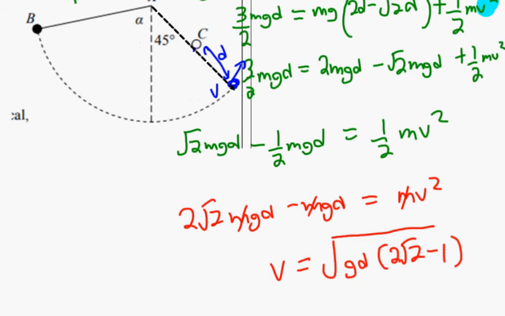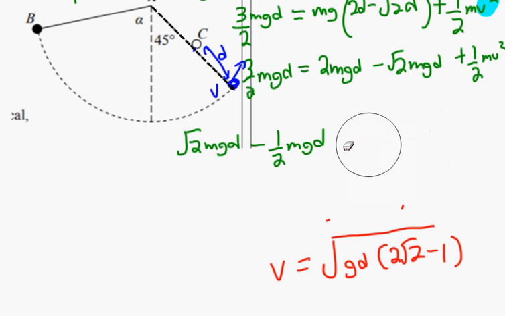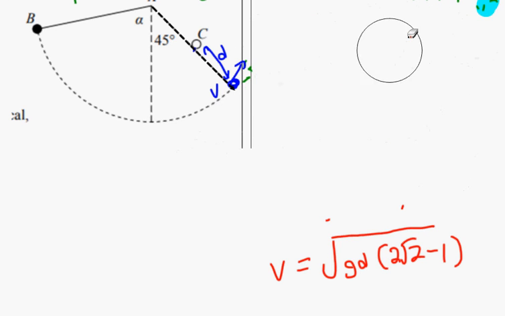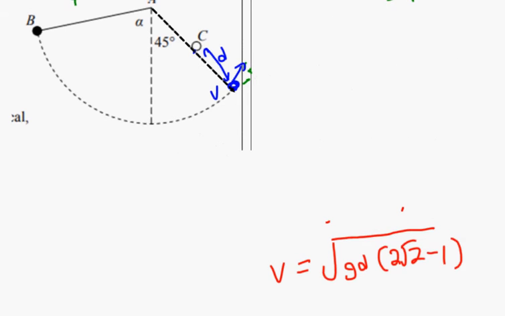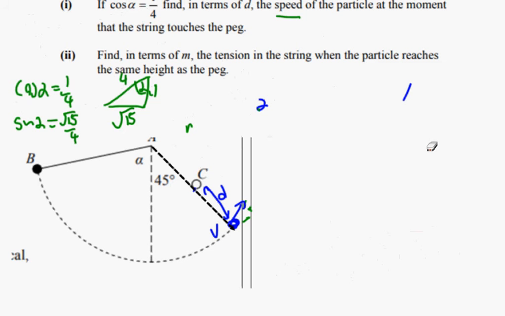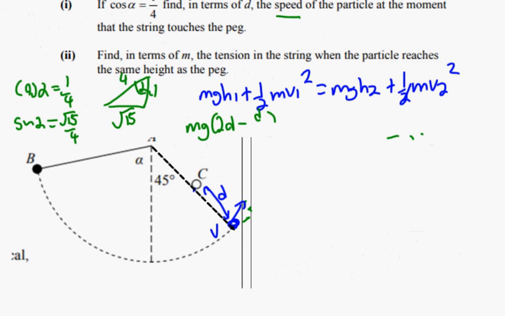So what we're going to do next is set up our equation again with the conservation of energy. Okay, so we go back to the top. Here we go. Now we're going to keep v in the same way as last time. So v is our starting off velocity this time, not our end velocity.